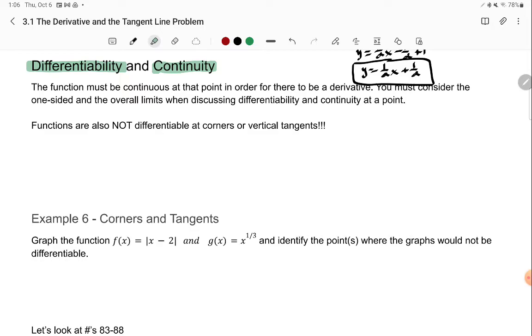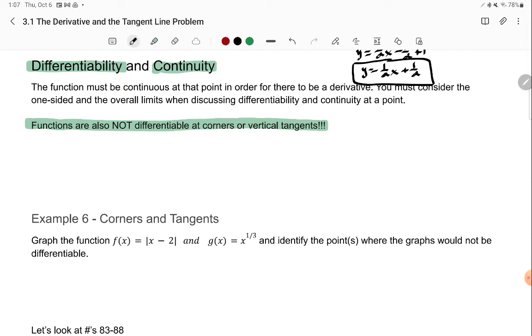So, for example, every function that has a derivative at every single point is continuous. We know that has to be true, and we'll learn through this chapter that that's true. However, if you take that argument and spin it, a continuous function is not always differentiable, because functions are not differentiable at corners, or as we saw earlier, vertical tangents.